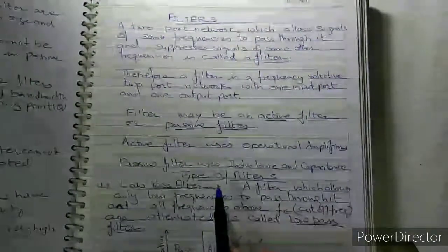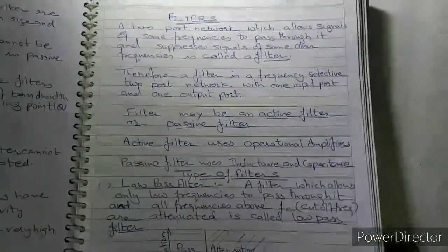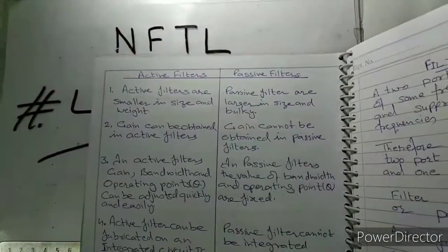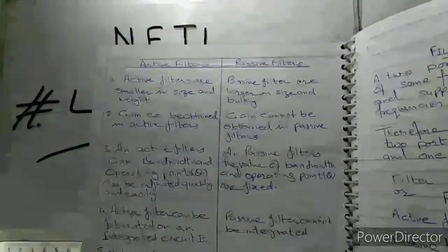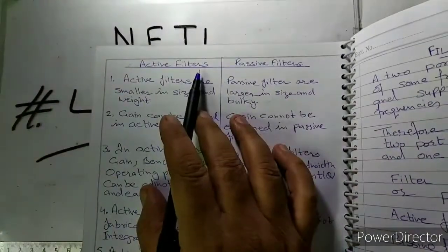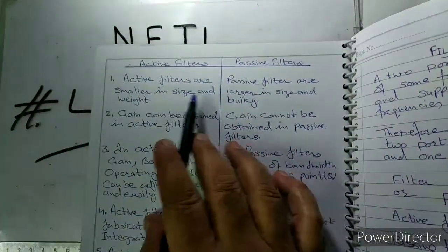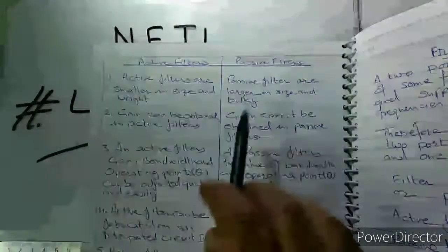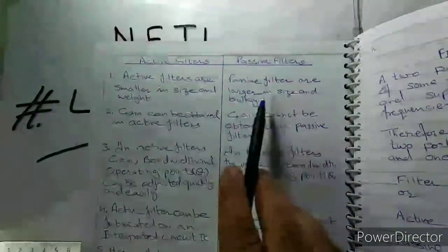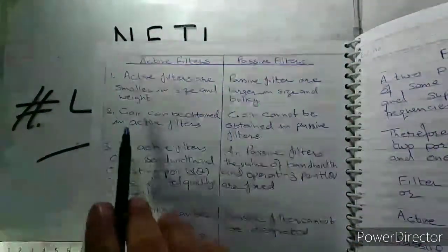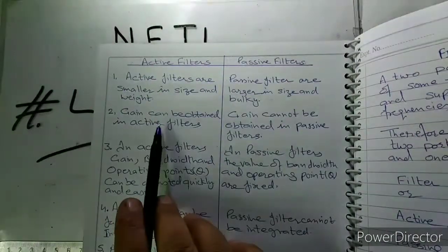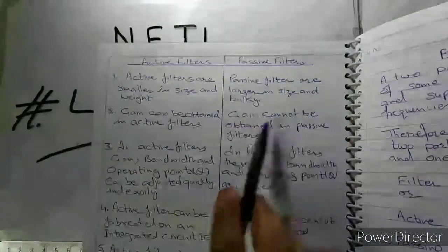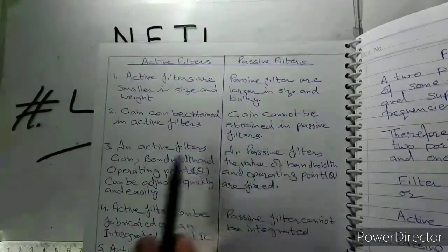Now, we will see the difference between active and passive filters. Active filters are smaller in size and weight, whereas passive filters are larger in size and bulky. In active filters the gain can be obtained, whereas the gain cannot be obtained in passive filters.